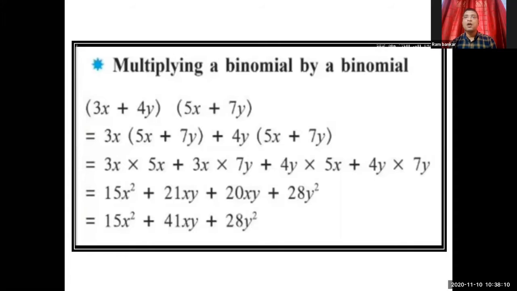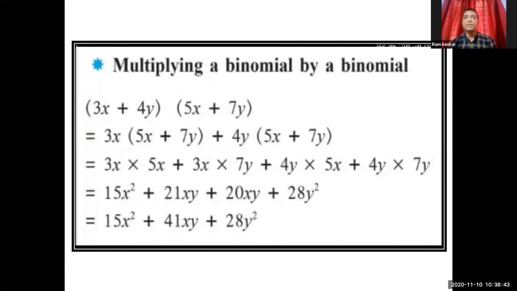Now what do we do here? Look at the first expression. Take 3x from the first bracket and write down the second expression as it is: 3x into 5x plus 7y, bracket close, plus 4y. Take 4y from the first bracket and write down the second expression as it is, 5x plus 7y.